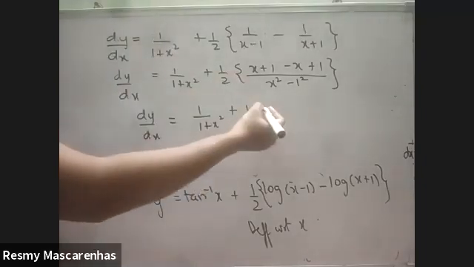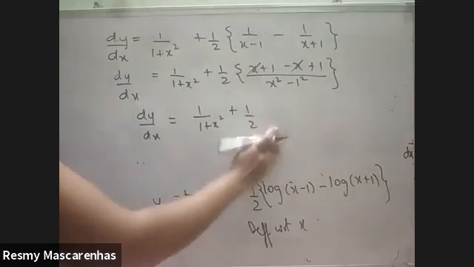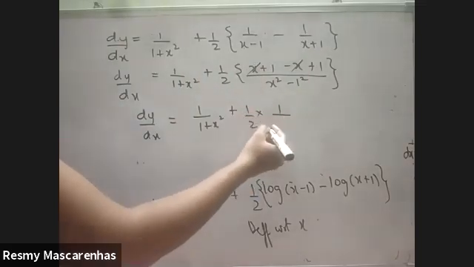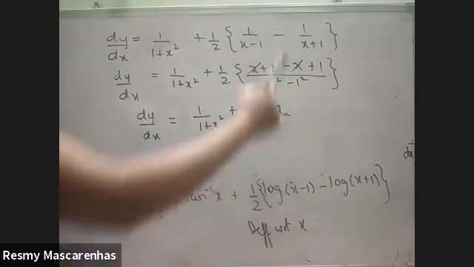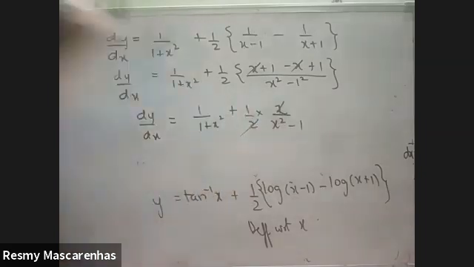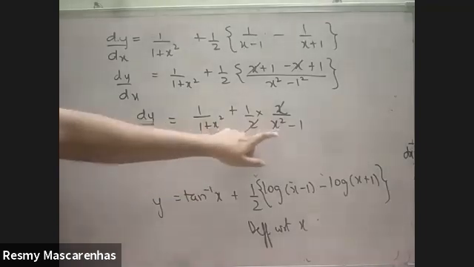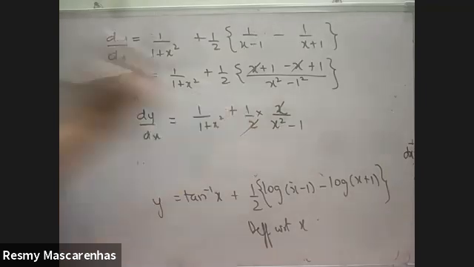One by two. This will be 2, no? 1 plus 1 will be 2. 2 and 2 will cancel. And now what do you do? Again you cross multiply.